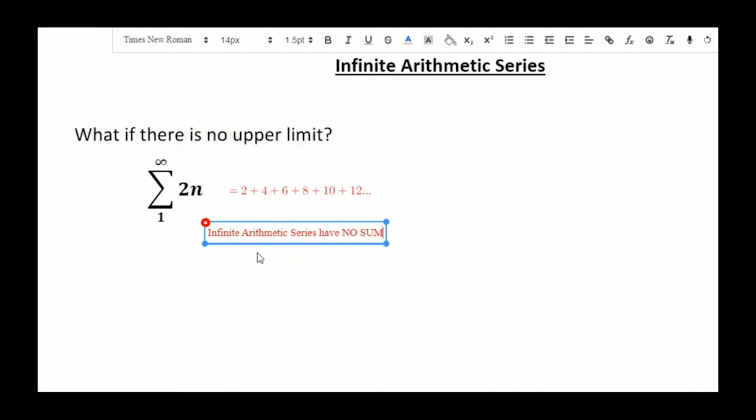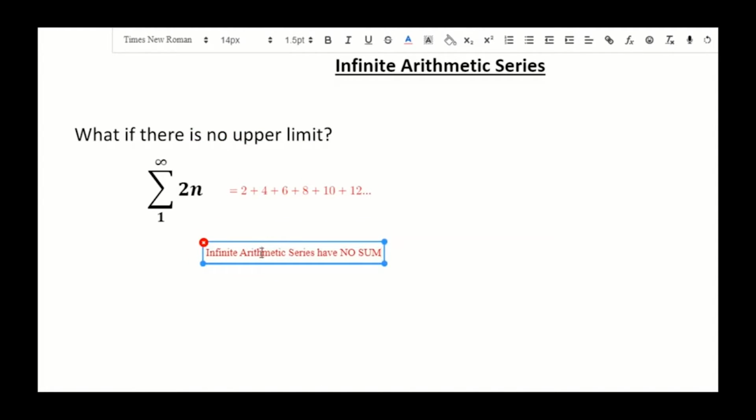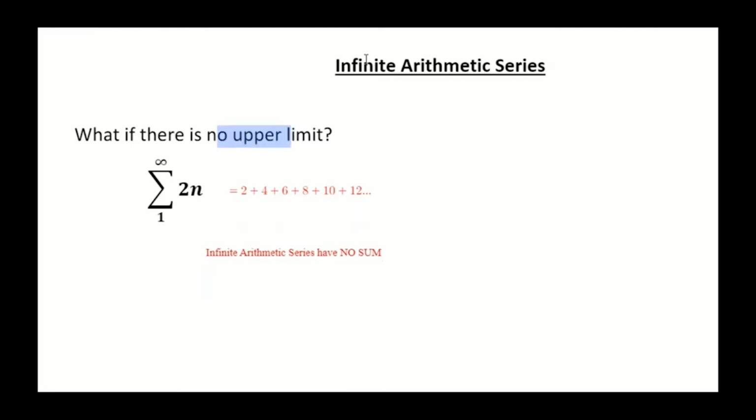There's no answer here, okay? So you could just say no answer, no sum, there's no sum. Anything along those lines will be good. I wouldn't really say no solution because we're not looking to solve an equation, but something along those lines. Basically there's no answer. So if you have an infinite arithmetic series with no upper limit, there's just no sum.